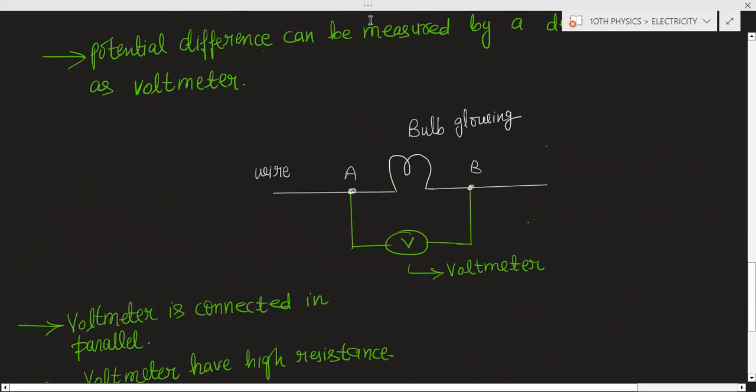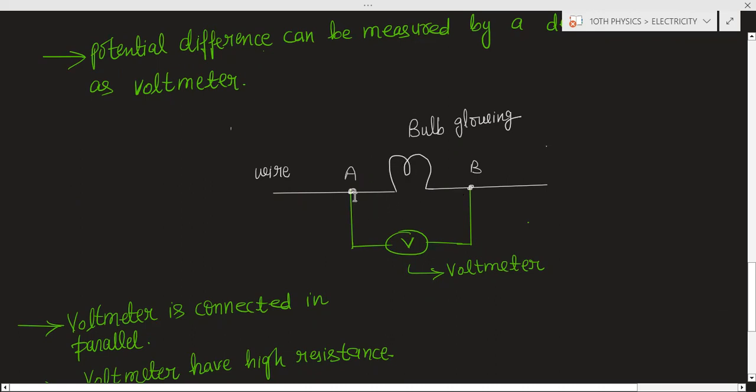Between point A and point B, there is a bulb, and this bulb is glowing. You want to measure the potential difference between points A and B, or the potential difference across the bulb.